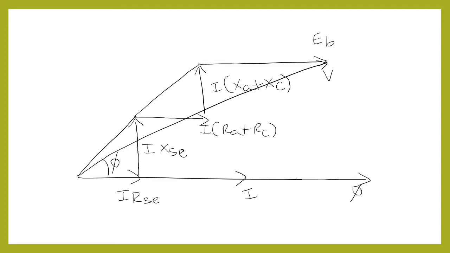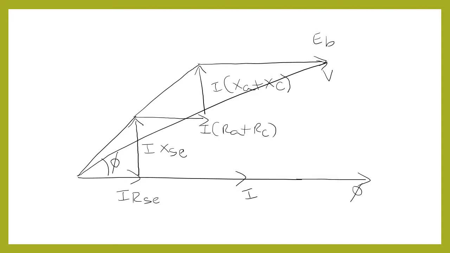And then we have the armature and compensating winding drop, that is I(RA plus RC), which is in phase with flux phi, and the drop due to the reactance of armature and compensating winding, I(XA plus XC), is 90° leading the flux phi, and the back EMF voltage is also in phase with the flux phi.